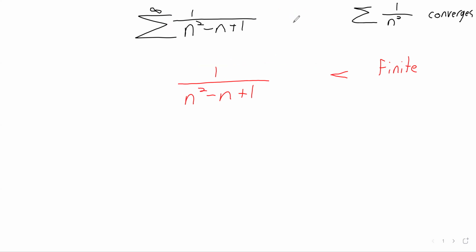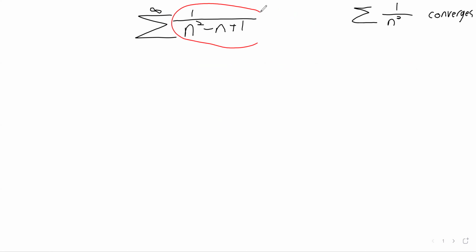And taking this idea, I keep saying that this test lets us use our intuition. So the intuition we're hopefully developing is that those two series should be similar when n is big. When n is close to infinity, the negative n and the plus one don't really do anything.